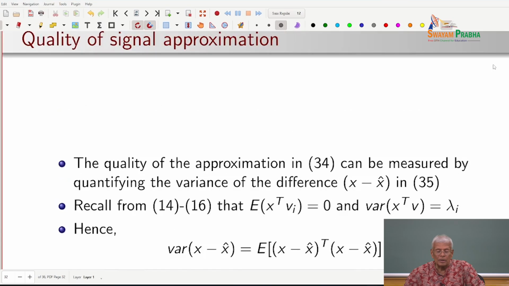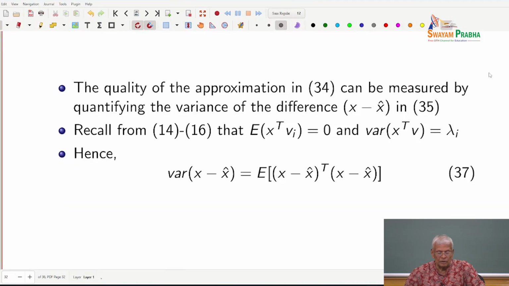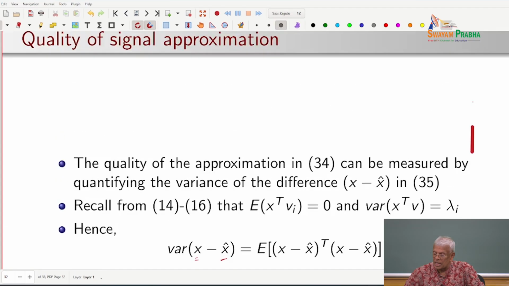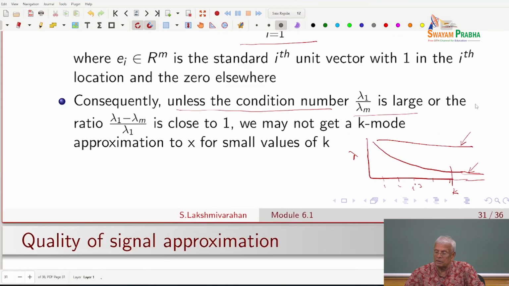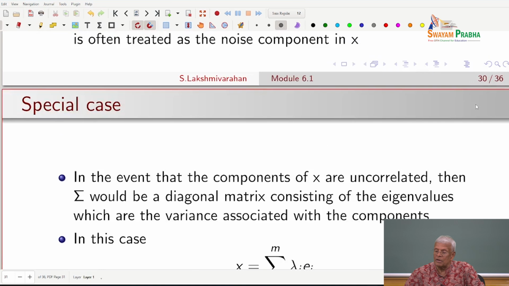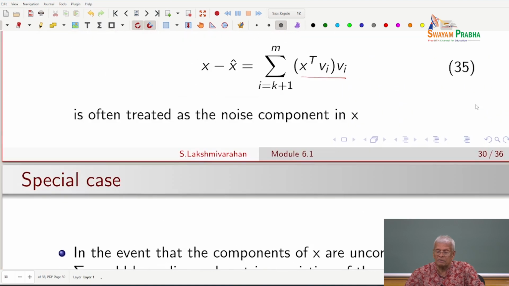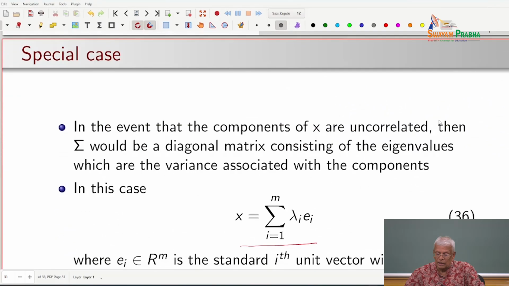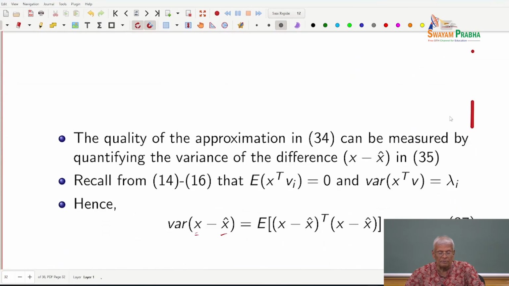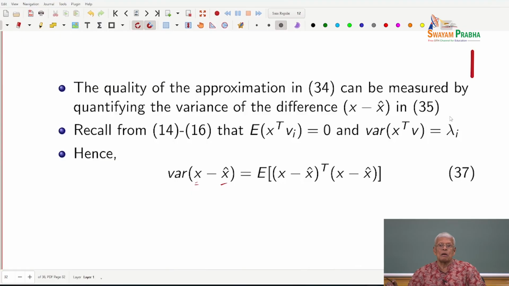Now I am trying to approximate: x hat is the signal, x is the original quantity. I would like to quantify the quality of approximation in 34, and that can be measured by quantifying the variance of the difference in 35. Let me go back. 35 is the approximation, and we are going to quantify the quality of the approximation by the error in the estimate.